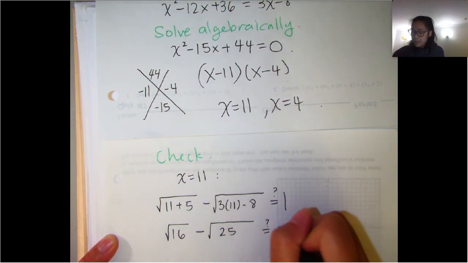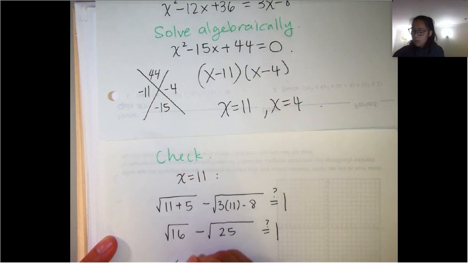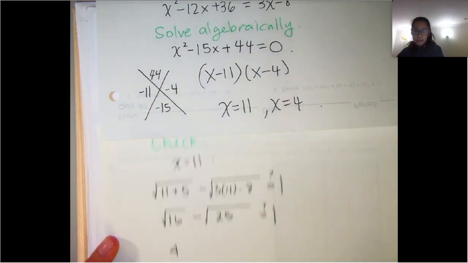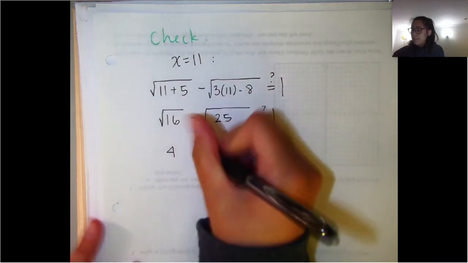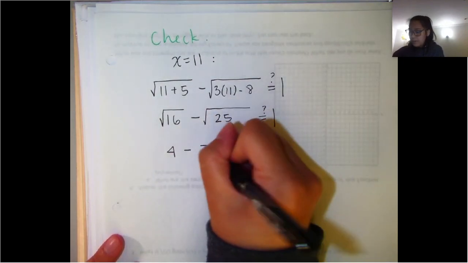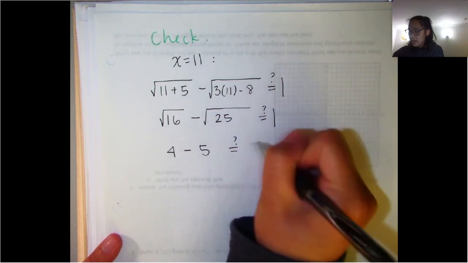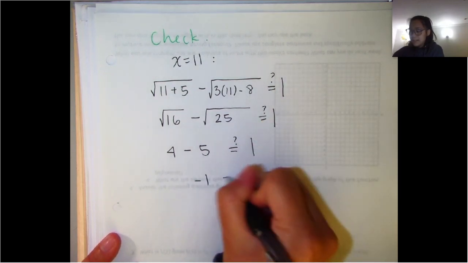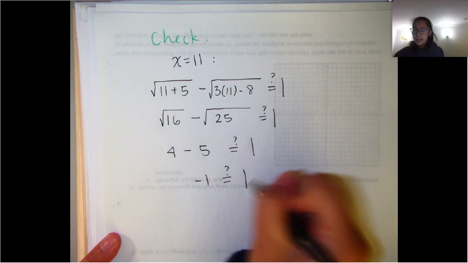Does this equal 1? So we have 4, square root of 16 is 4, minus square root of 25 is 5. And the question is, does this equal 1? So negative 1, does that equal 1?